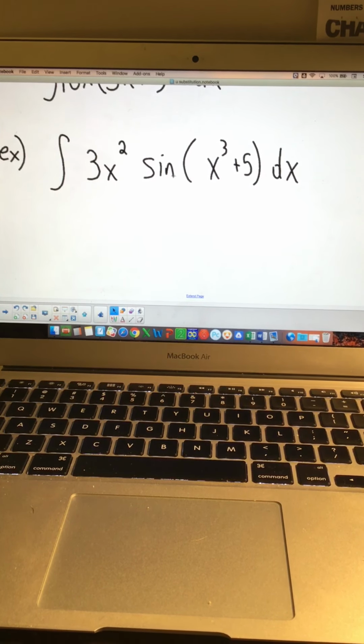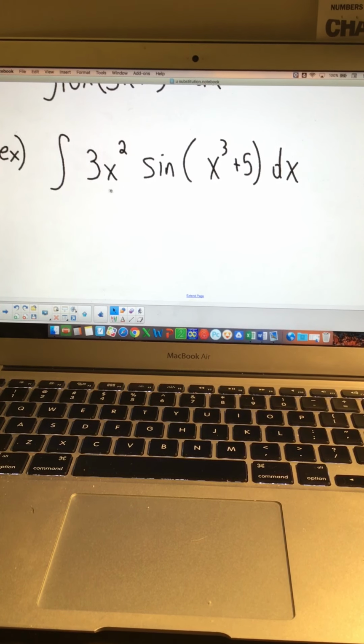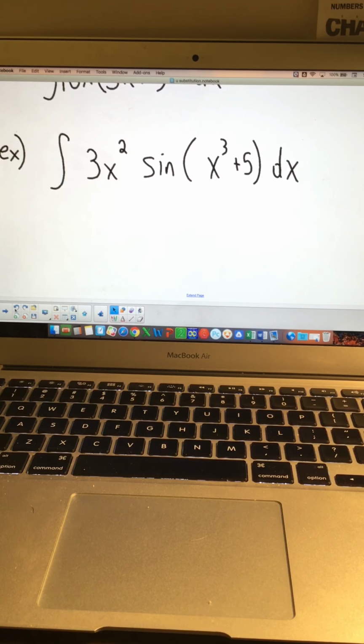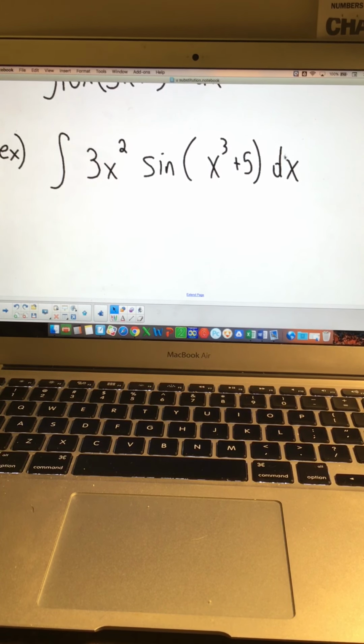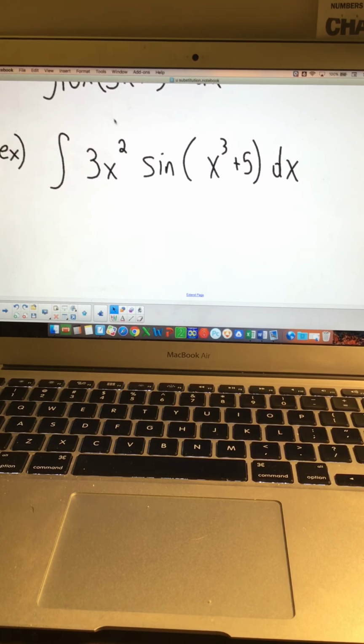Again, we got multiplication going on in here, but we have quantity in here, right? We're thinking u-substitution. So it's a trig function. The quantity is u, x cubed plus 5. Some of you can see it. du is 3x squared.